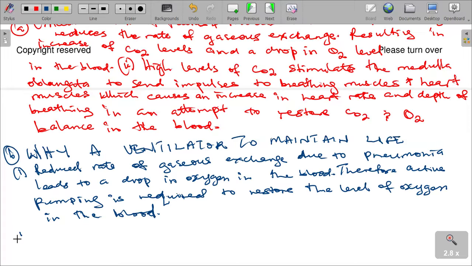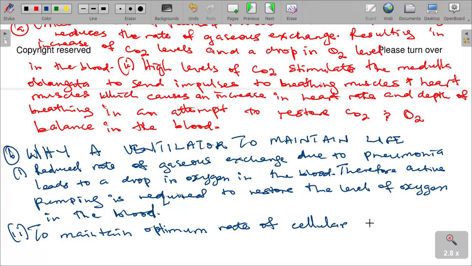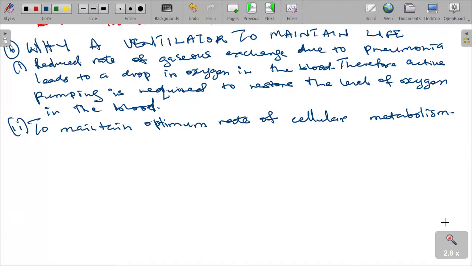Number two, to maintain an optimum rate of cellular metabolism, and also to generate energy for the proper functioning of vital organs so as to maintain life.